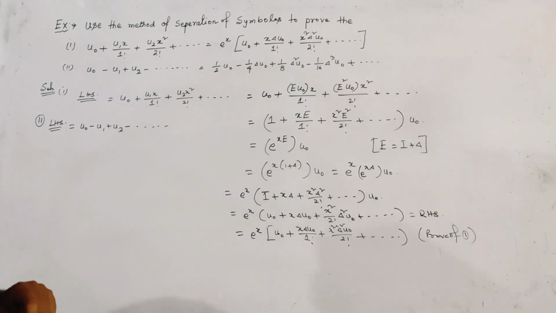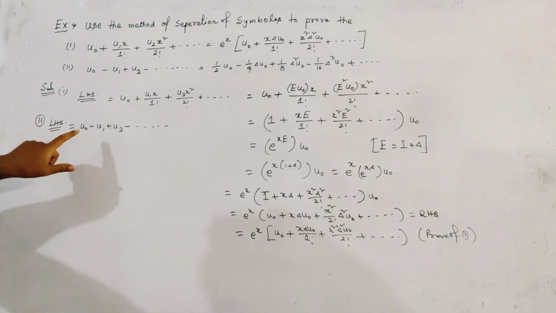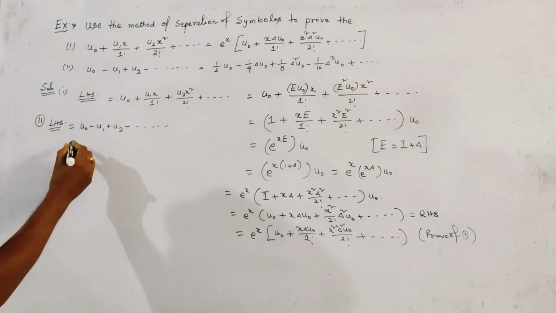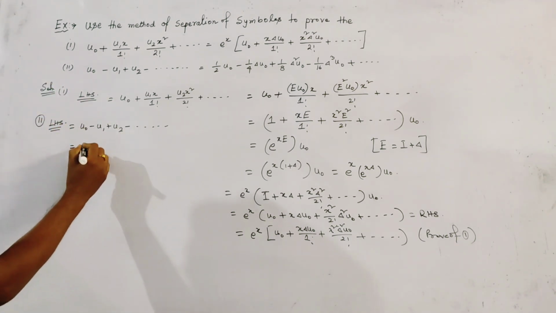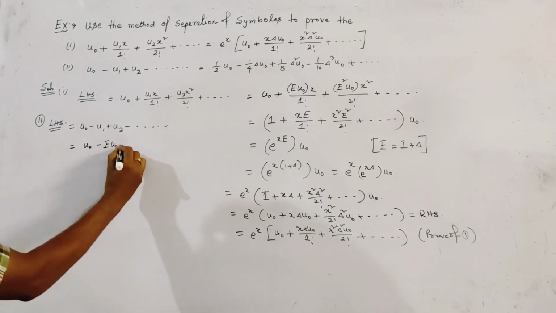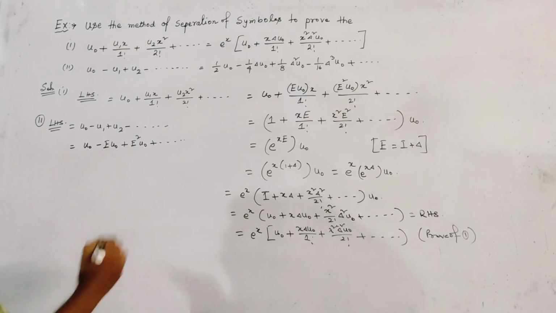Right, now we go to the proof of 2. To prove the second relation, we also start from the left side, and we already write here the left side of 2. And using the shift operator, the left side can be written as u0 minus E u0, plus E square u0, and so on.